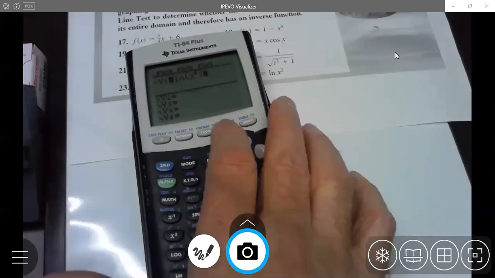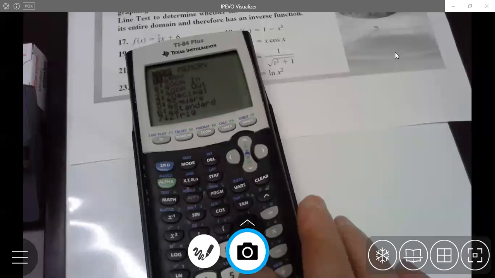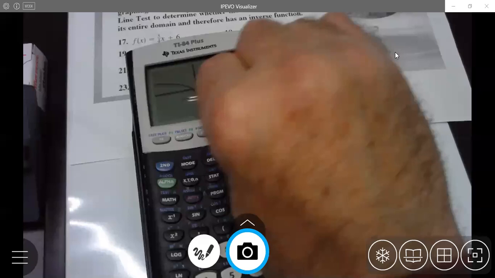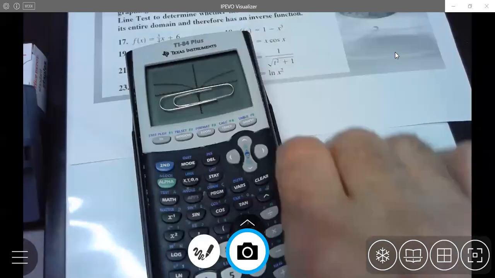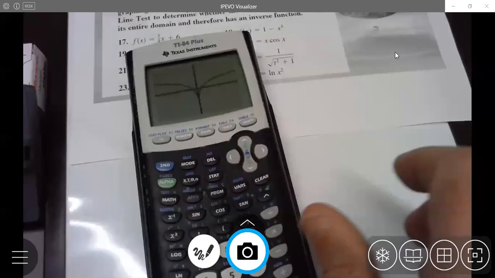And we go back to zoom and 6 again. So can we say that this function is monotonic, hence 1 to 1? Well, all we have to do is see if it passes the horizontal line test. If we put this paper clip as a horizontal line, does it pass? Well, yes, it does.